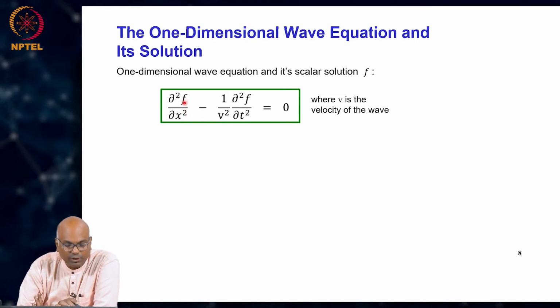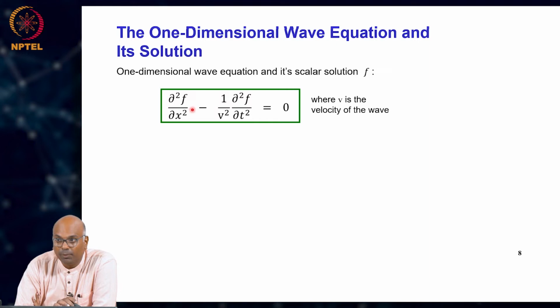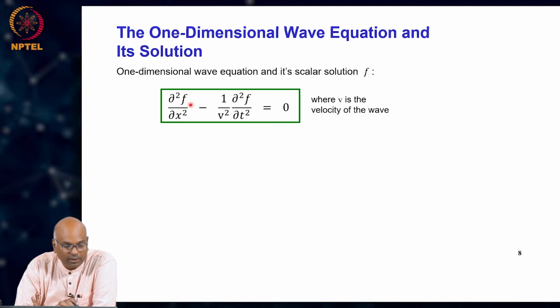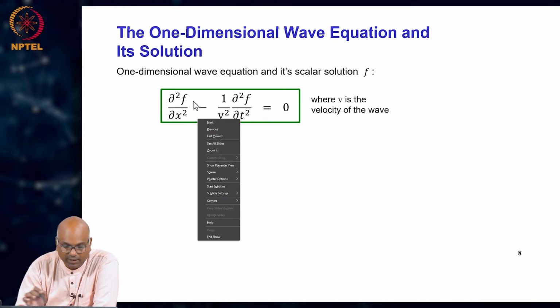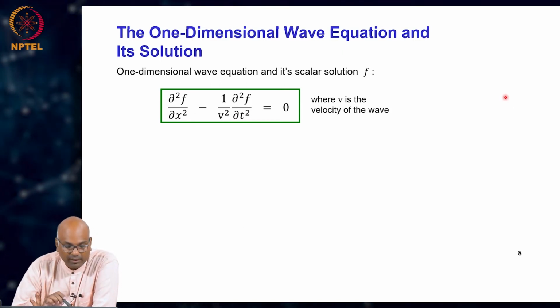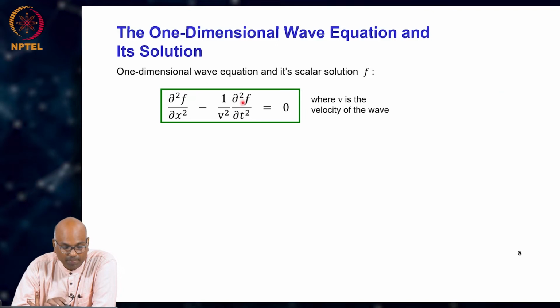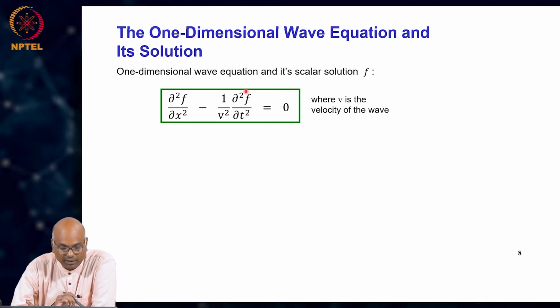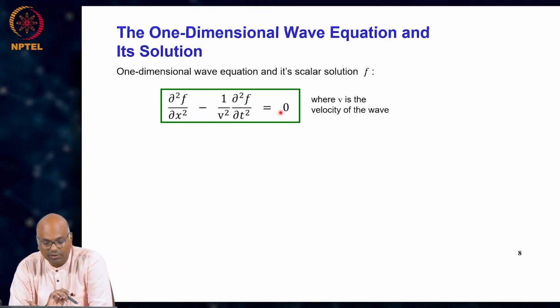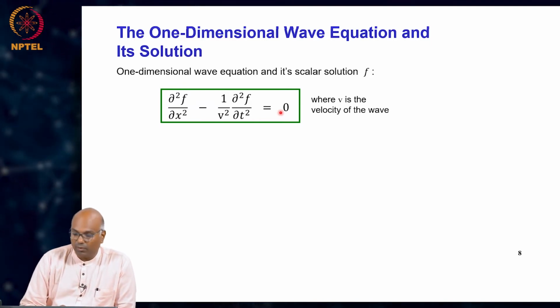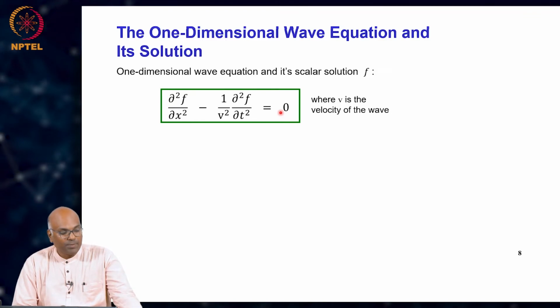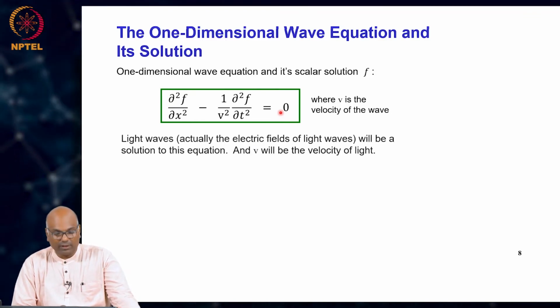So, if f is the solution for a propagating wave, then it obeys this wave equation, which is d2f by dx2 minus 1 over v square d2f by dt2 is equal to a scalar 0 on the right hand side. Here v is the speed of the wave. So, we saw this in the previous lecture.